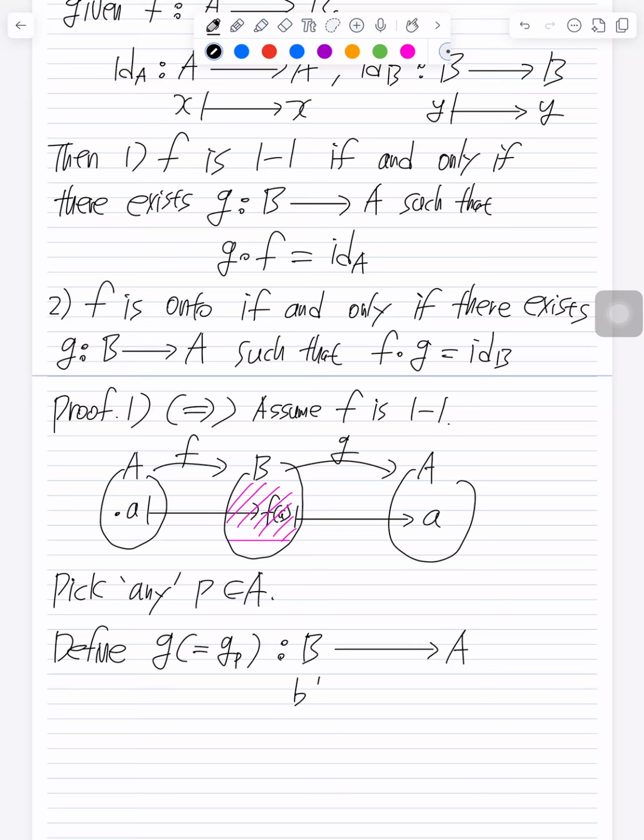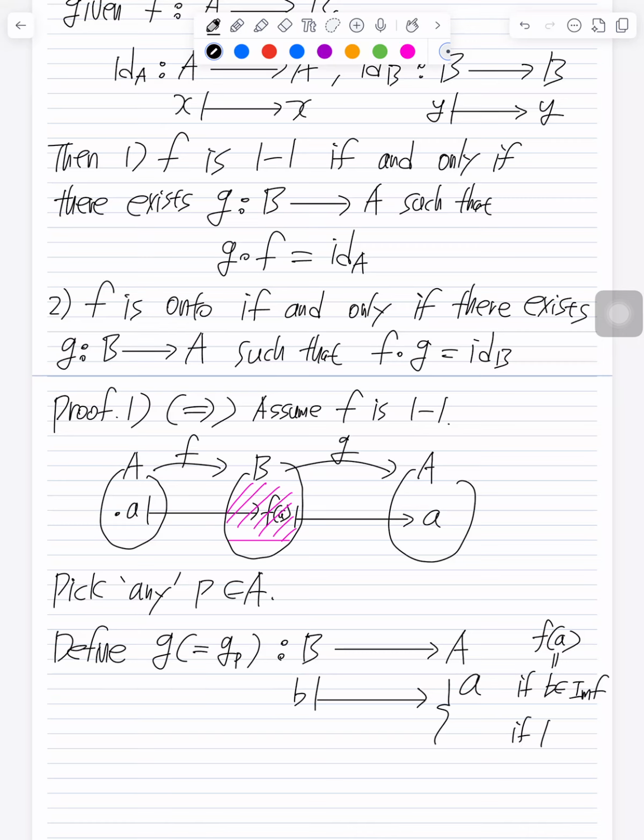Each element should be mapped according to two possible scenarios. If b belongs to the image of f, then we know there is a unique element small a satisfying this property: b is written as f of a because f is one to one. So such an element a uniquely exists, and we assign b to small a.